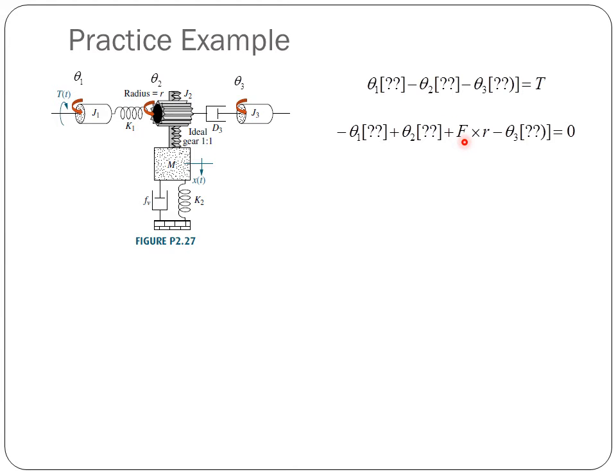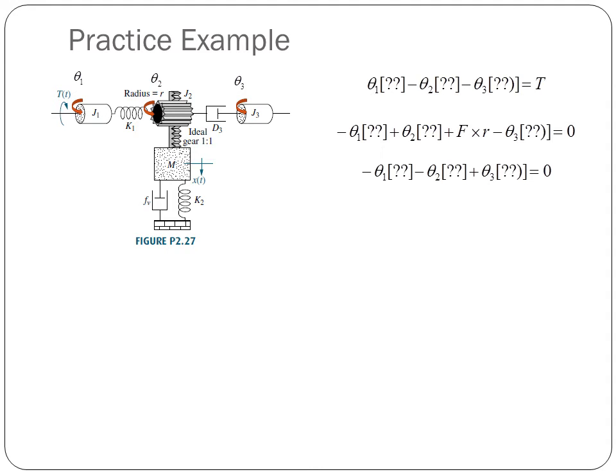So just like the previous example, this term should be included, F into R, and then minus theta 3, just like our previous lectures. Theta 3 should be accompanied with D3, because D3 is the common shared component between theta 2 and theta 3, okay, is equal to 0, because there is no external torque applied here.